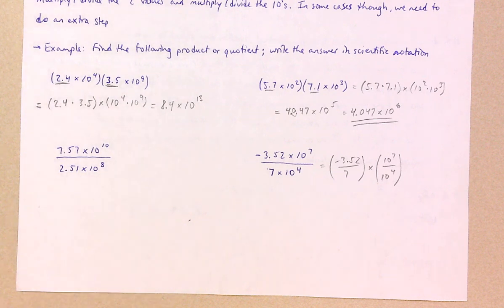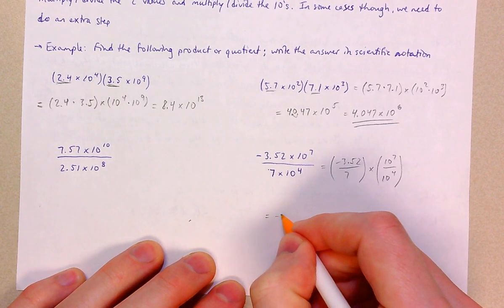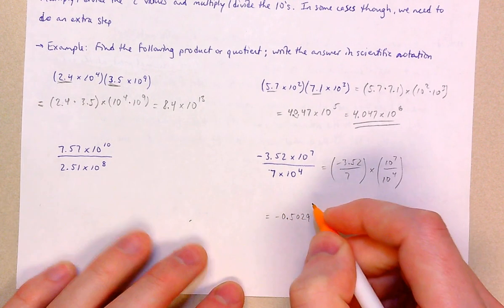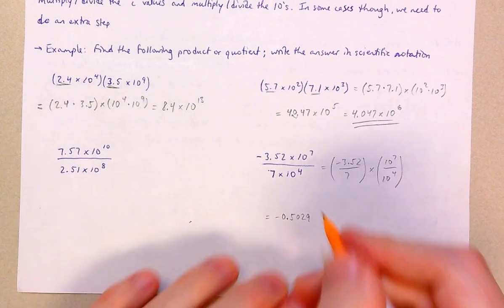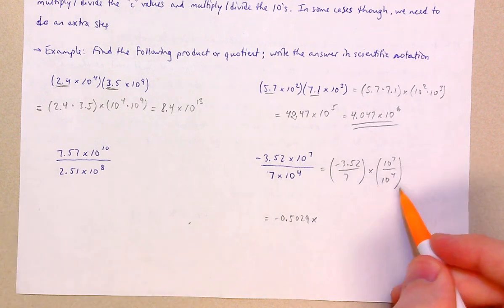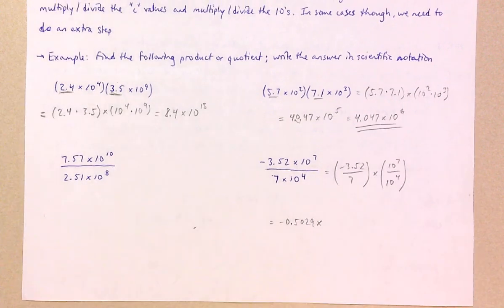Okay, so if you go into your calculator and do negative 3.52 divided by 7, if we round this value to, say, 4 decimal places, we will get negative 0.5029 times, and then if you do 10 to the 7th power divided by 10 to the 4th power, this is a quotient of exponential expressions where the bases are the same.